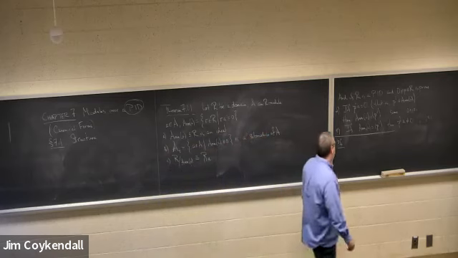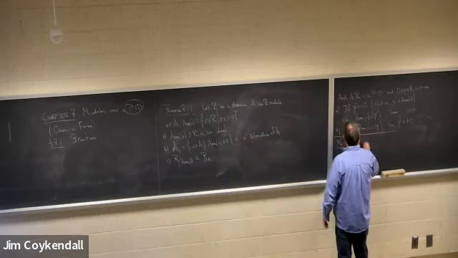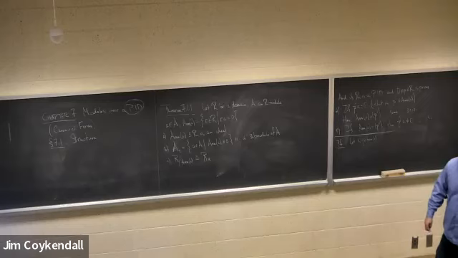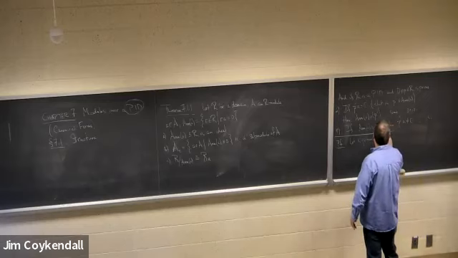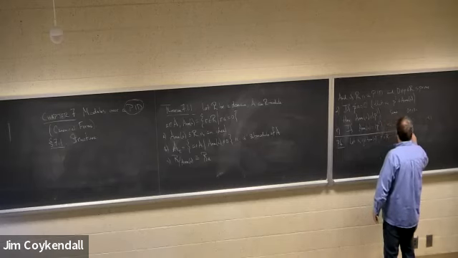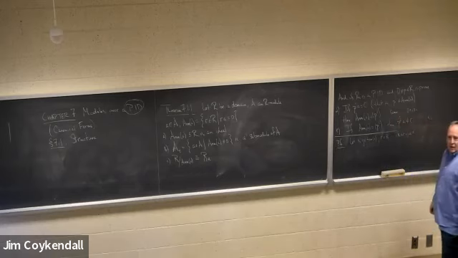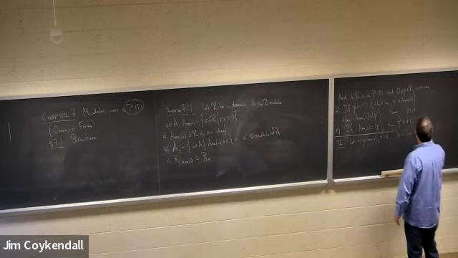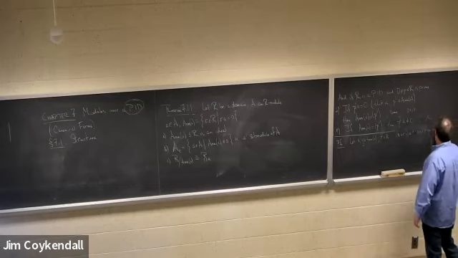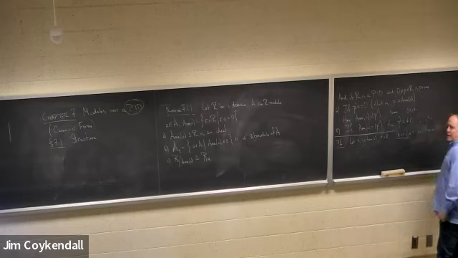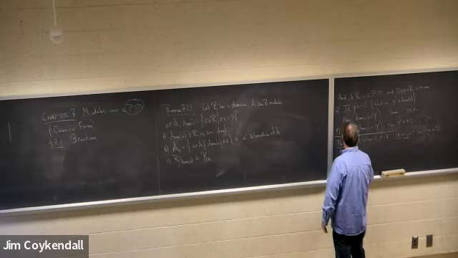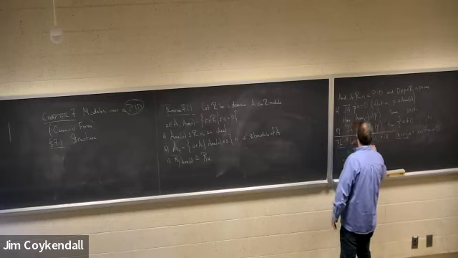Well, let x, y be in the annihilator of a, and let r be in R. Then (x plus ry)a is xa plus rya, but x and y both kill a, so this is 0, which now means that x plus ry kills a. So the annihilator of a is an ideal.